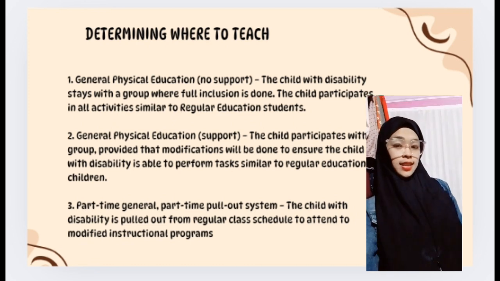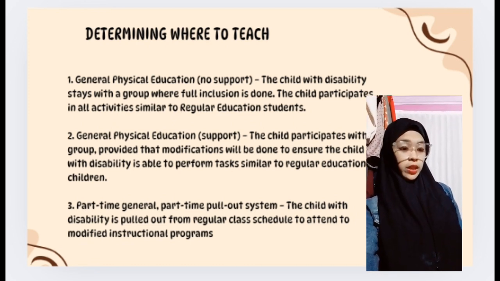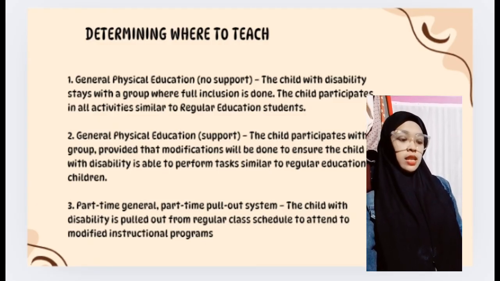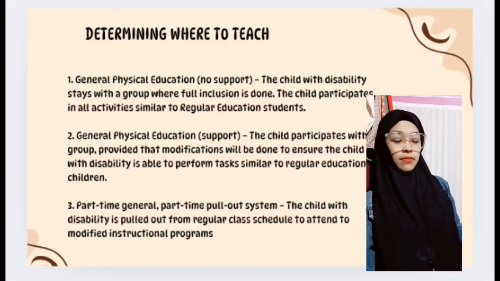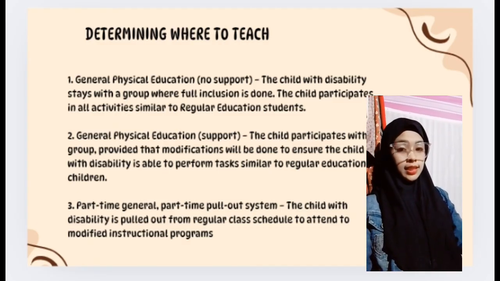It means inclusion in regular physical education with additional support like modified activities or assistance. Number 3 is part-time general or part-time pull-out, a combination of regular classes and specialized instruction in a separate setting. The child is pulled out of regular classes for specific support sessions.